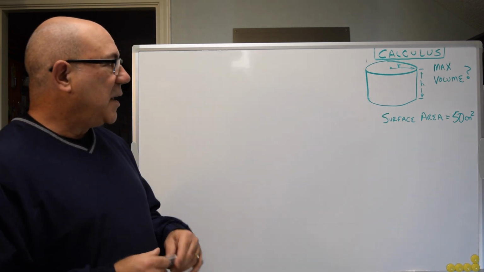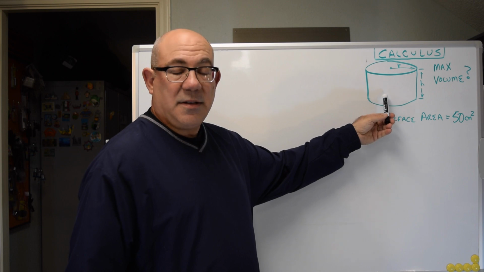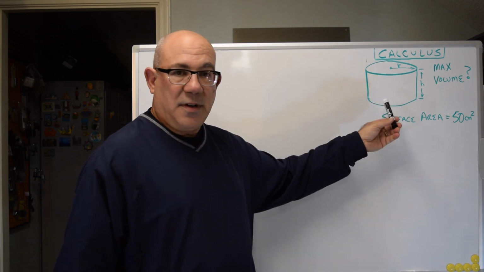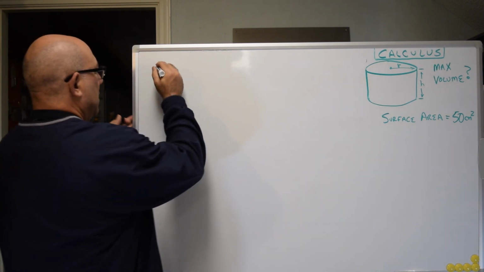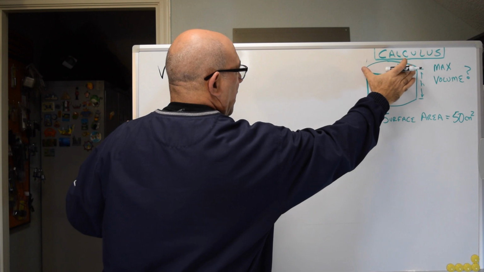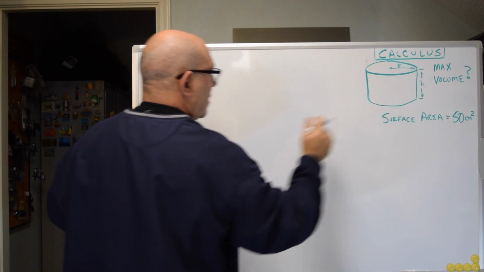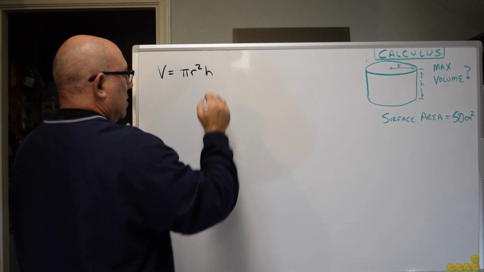So let's start by figuring out what the volume of a cylinder is and what the surface area of the cylinder is. The volume is going to equal the area of the top or bottom times the height, so that would be pi r squared h.